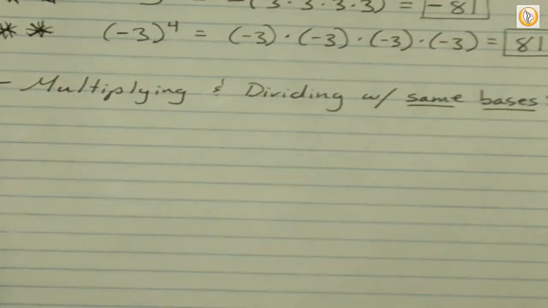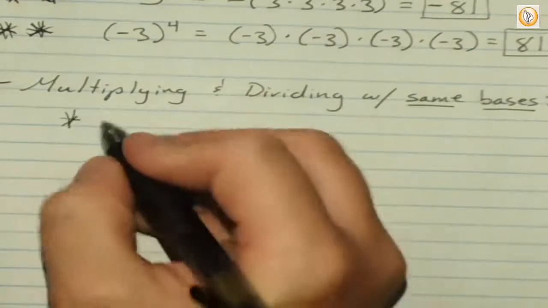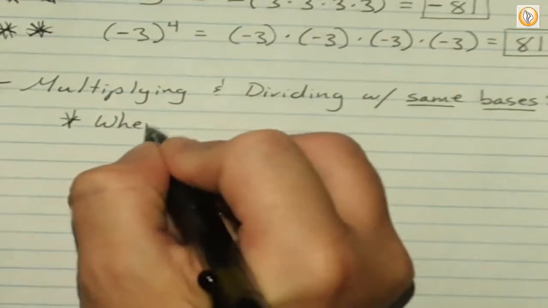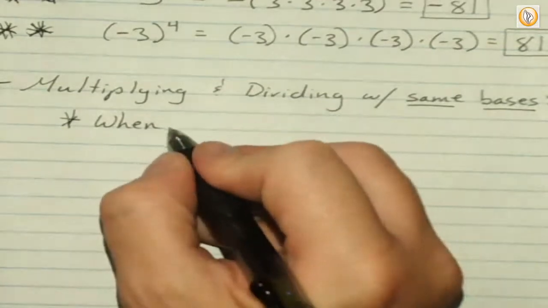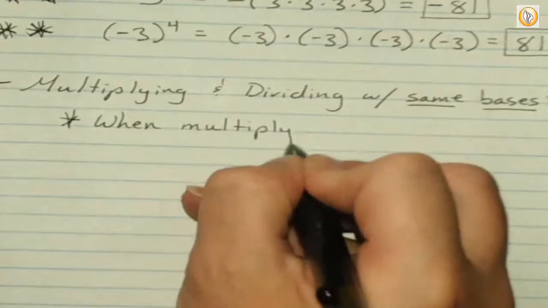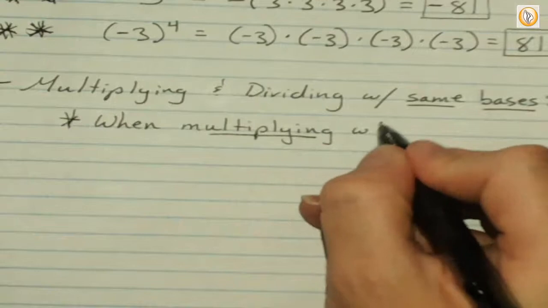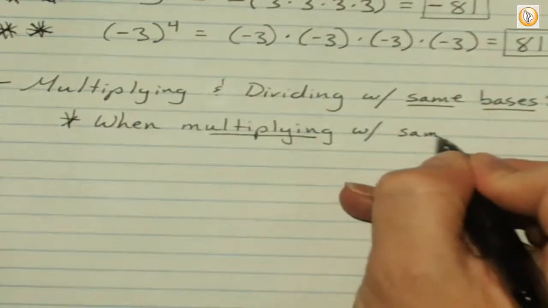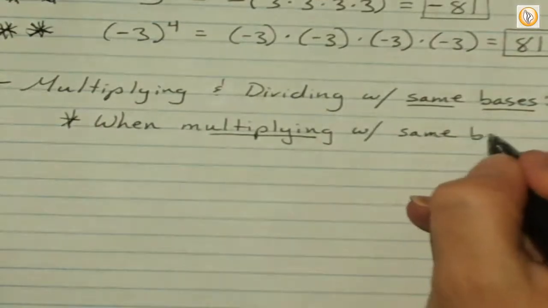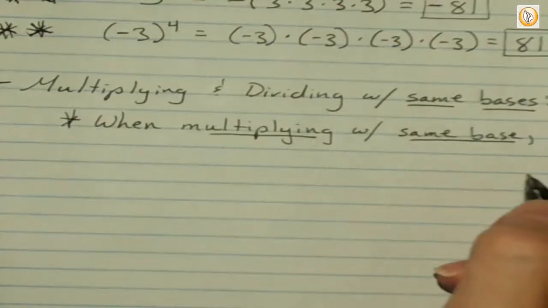Okay, so multiplying and dividing with same bases. When multiplying with same base, what do you do to the exponents? Does anyone remember?